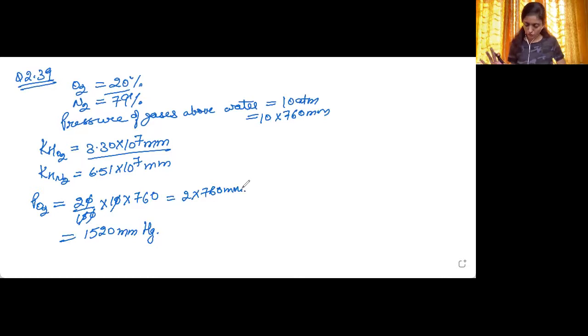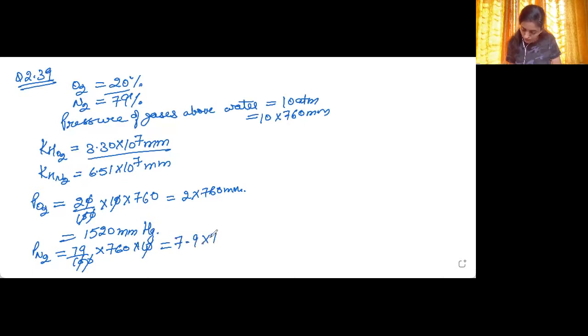Then PN2 will be equal to 79 upon 100 into 760 into 10. Okay, I think you have got it. We can just write 7.9 into 760 millimeter.